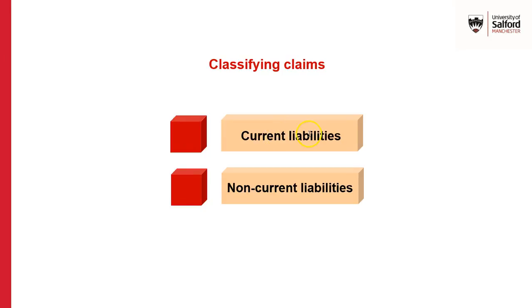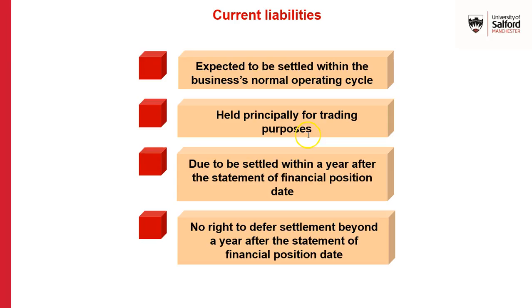Classifying current liabilities, we had a little look at that, and current liabilities very much the same definition of current assets, except that the company owes money to these people rather than the company is owed, and within the year.